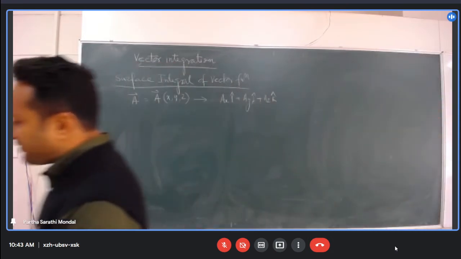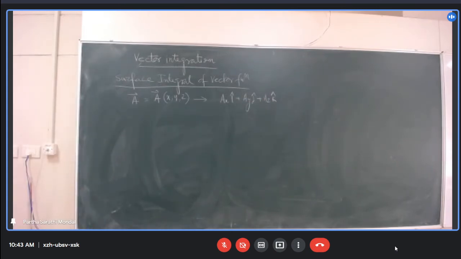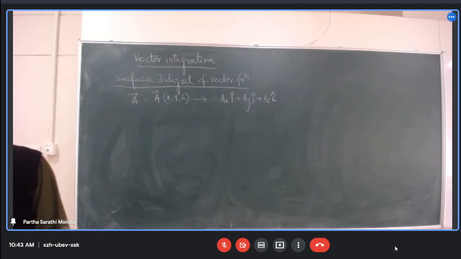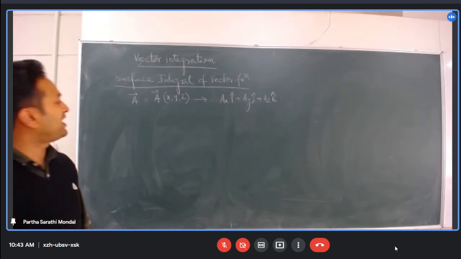So since we are dealing with surface integral, surface can only be described in 3 dimensions. अगर आपको एक फ्री सरफेस बताना है तो you need to have 3 dimensions, okay? जैसे बैलून का सरफेस आपको डिफाइन करना है, आप 2 dimension में डिफाइन नहीं कर सकते.